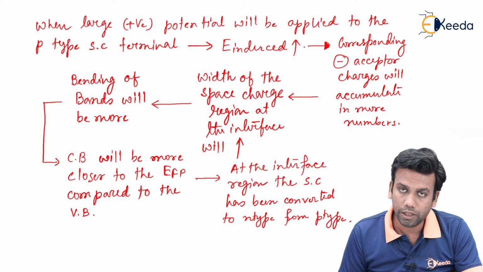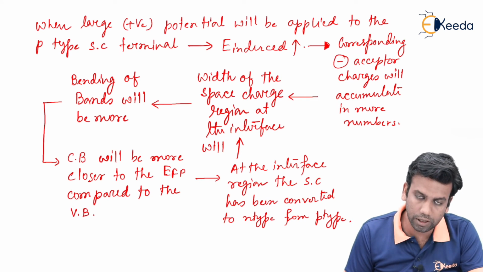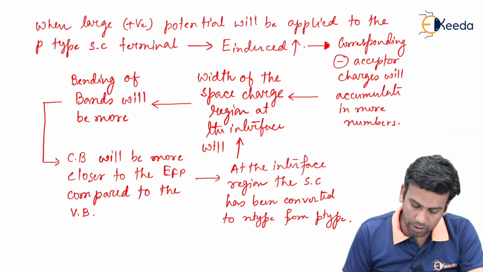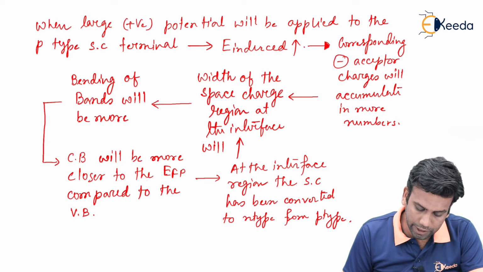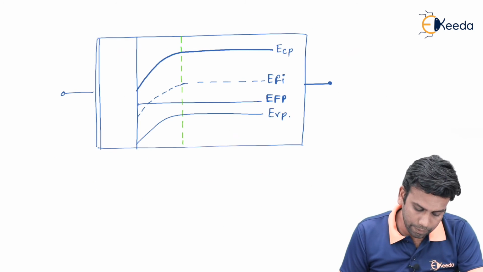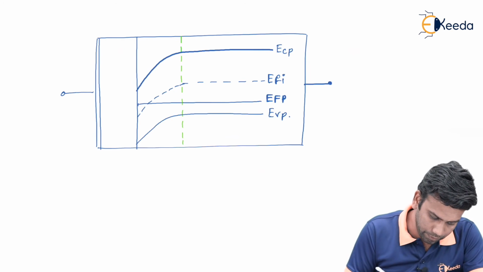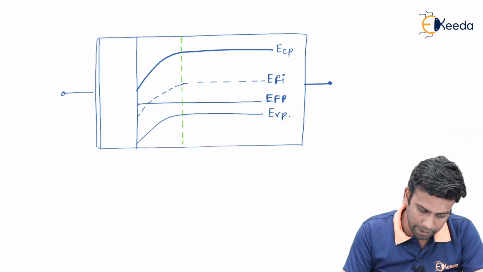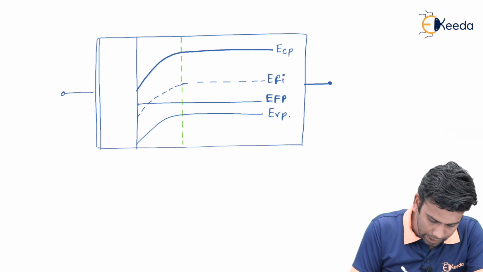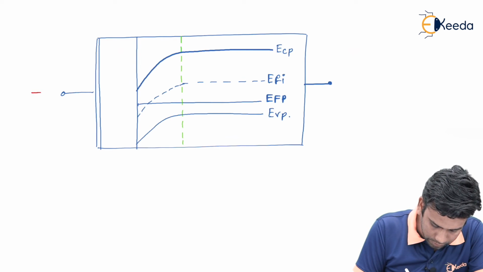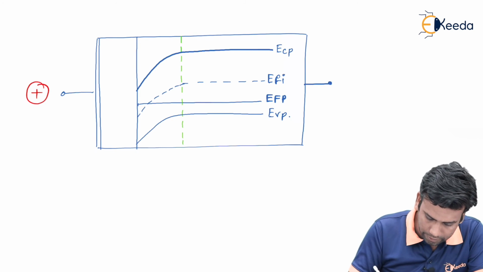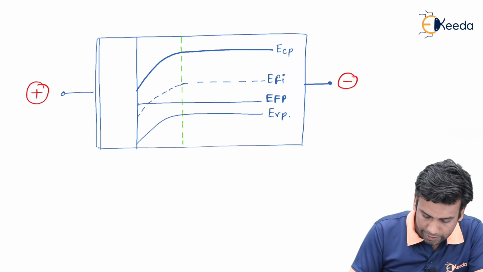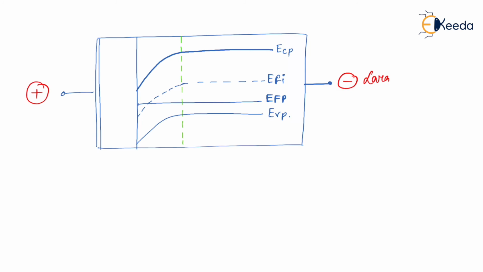That's why this mode of operation is called the inversion mode, and the band diagram will look like this. So, this is the band diagram representation of the inversion mode, and in the inversion mode we have applied a large positive potential here and large negative potential here.